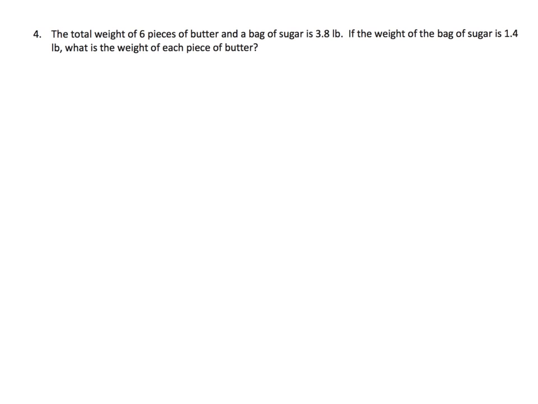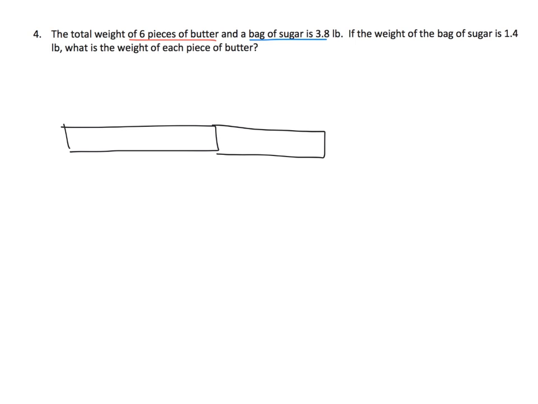And the last one, I just wanted to choose this one because I'm not going to do the math. I wanted to really show you the tape diagram because it's kind of cool. So it says the total weight of the 6 pieces of butter and a bag of sugar is 3.8 pounds. All right, so I'm going to draw a tape to represent the butter, and I'm going to add on to represent the sugar, and I'm going to show that that entire length is 3.8 pounds.